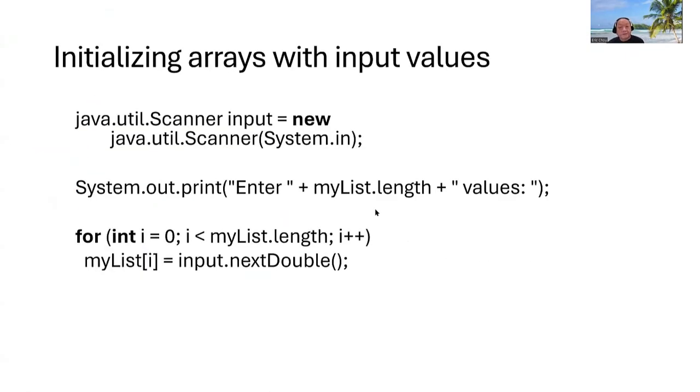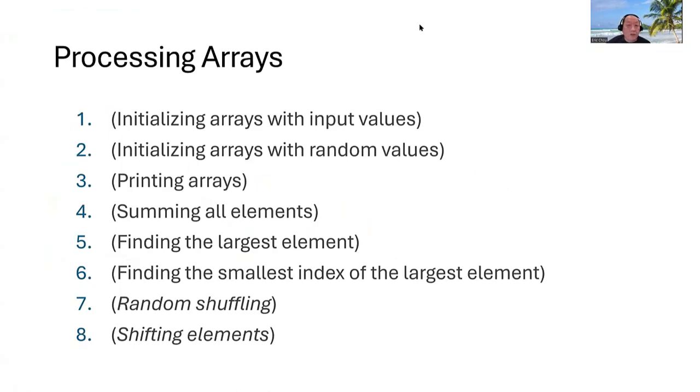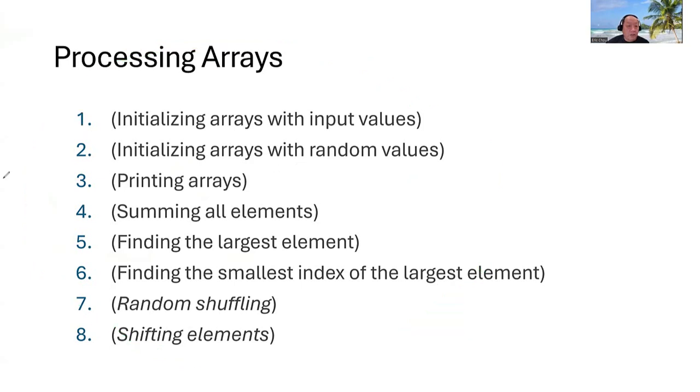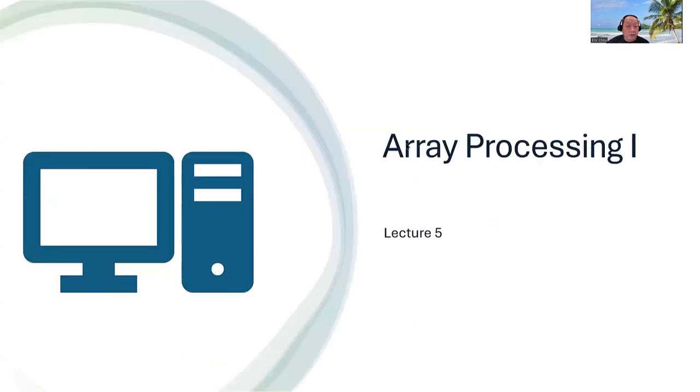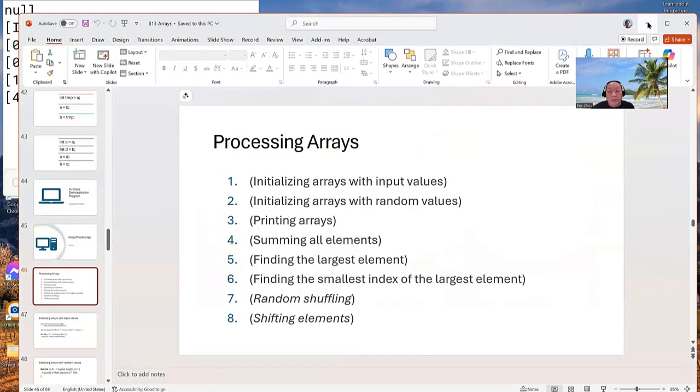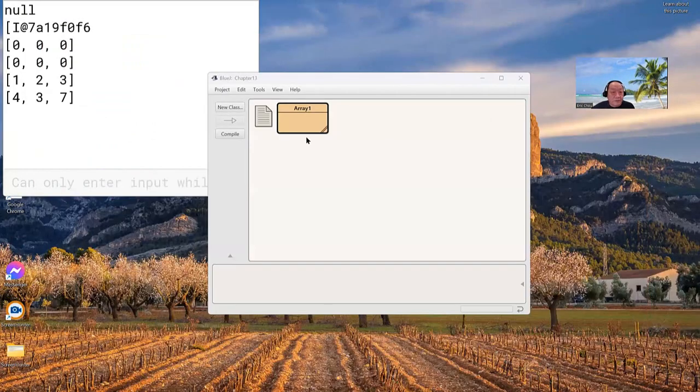Now we go into the processing of the array. I'm going to go through every single one of these. These are easy, but we will go through every single one of them using examples. I'm going to do array processing number 1, and this part I'm going to go a little bit faster.